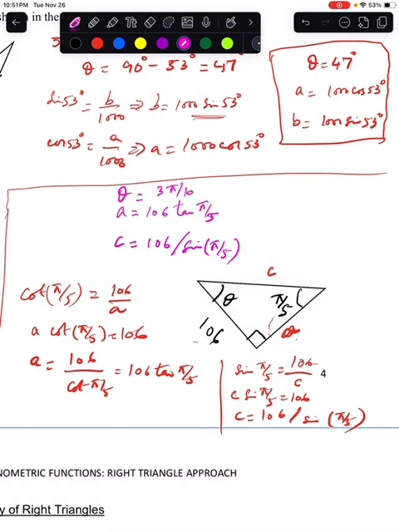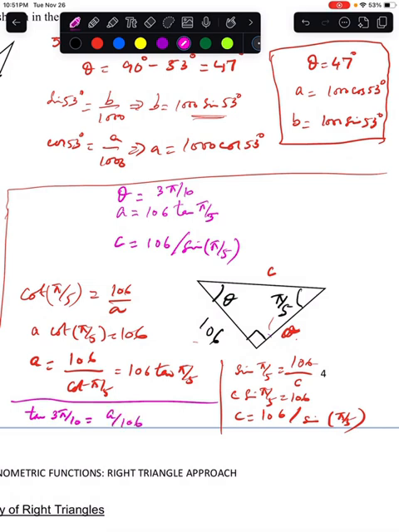Now for finding both A and C, we used the pi over 5 angle. We could have used the 3 pi over 10. So for example, for finding A, I could have used tangent of 3 pi over 10 is equal to A over 106.